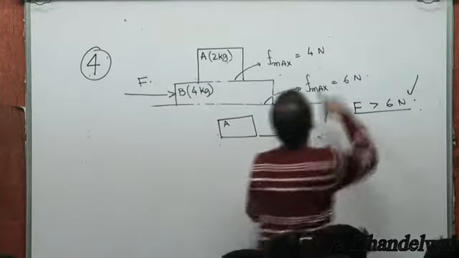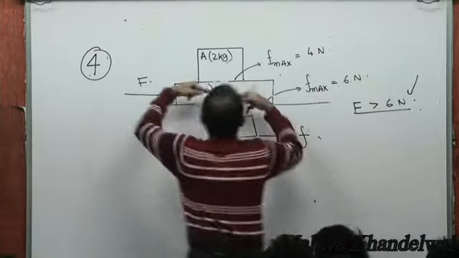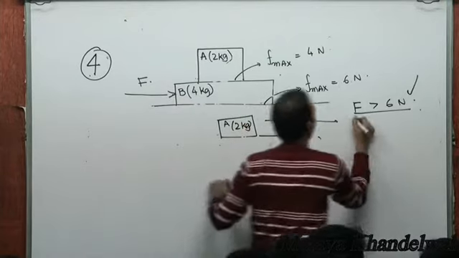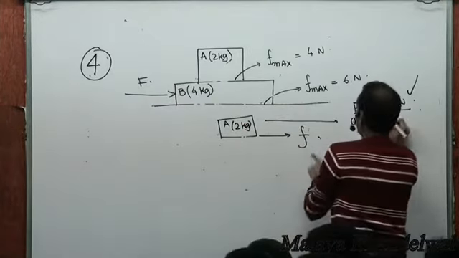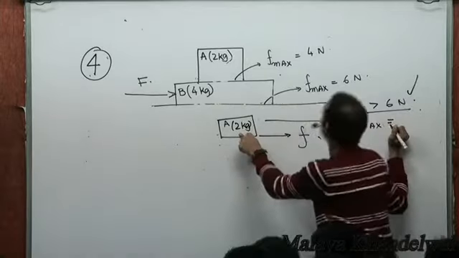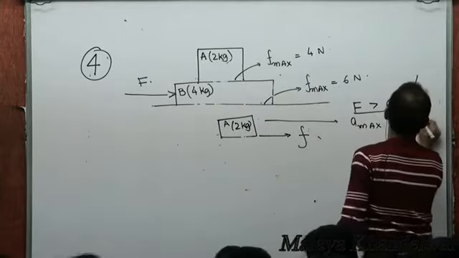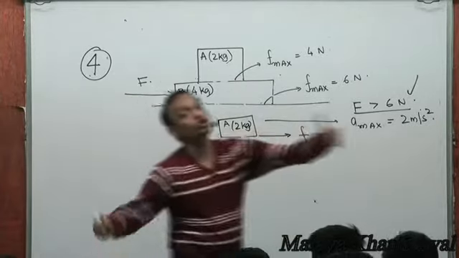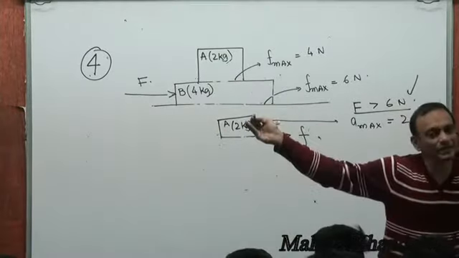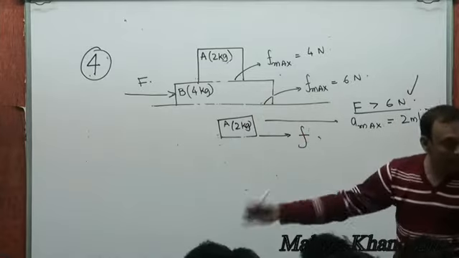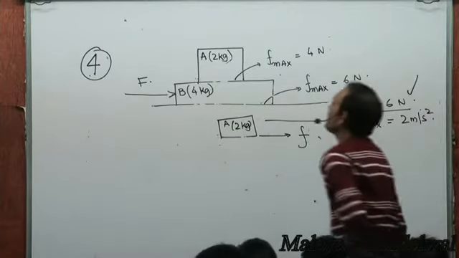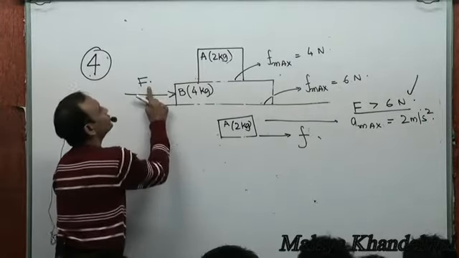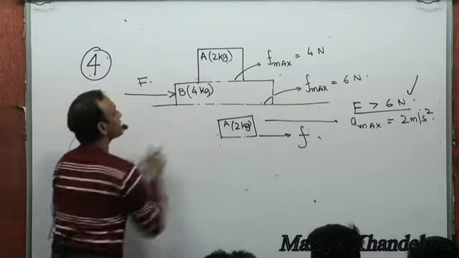And the maximum friction is 4 newtons. So there is a limit on the maximum acceleration of A. What is the maximum acceleration of A? Maximum friction divided by 2, which is 2 meters per second squared. This then will also be the maximum common acceleration of A and B. Now, let us see what value of F will cause this acceleration.